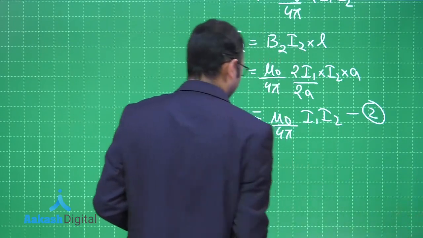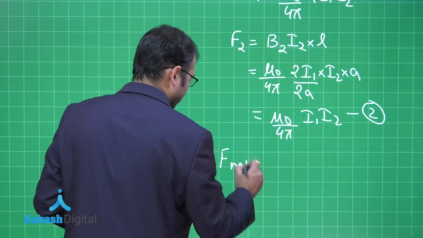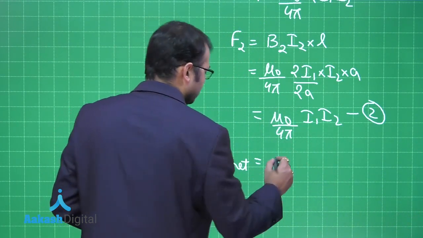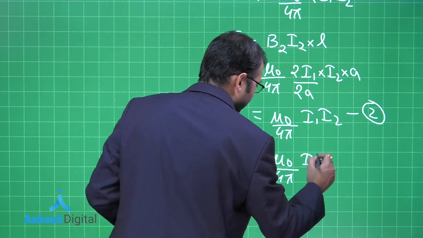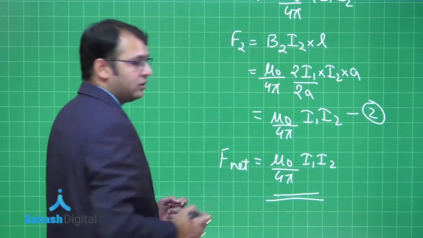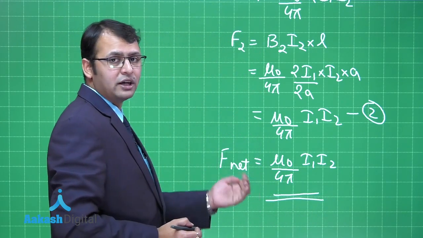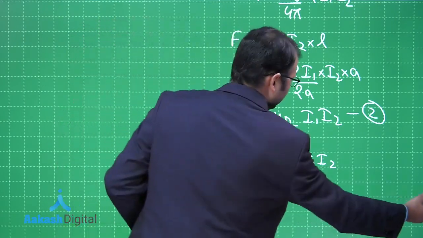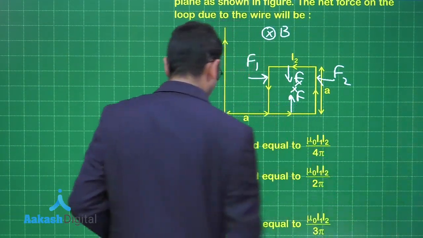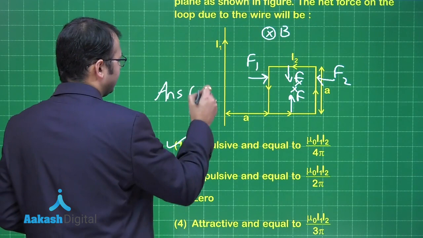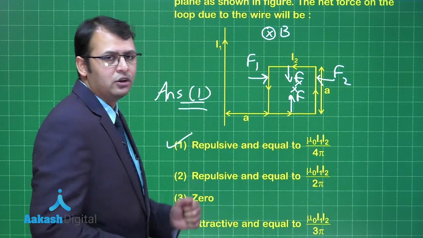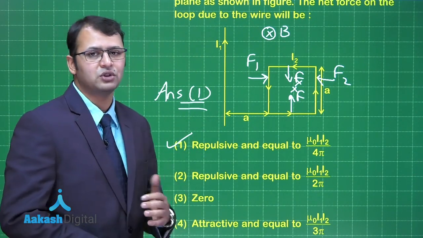So from here simply F net would be equal to F1 minus F2. When you put the values, you will get mu naught upon 4 pi I1 I2. And this force would be repulsive because the F1 was a repulsive force. So let's see which is the best suited option. Among the 4 options given to us, yes, option number 1 would be the correct answer to this question. Now let's move on to our next question, that is question number 25.